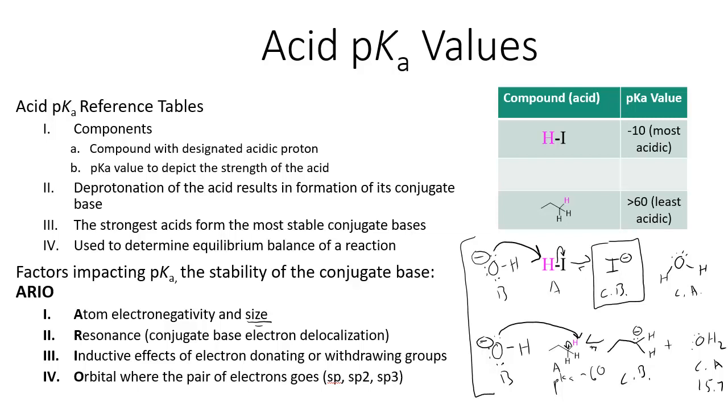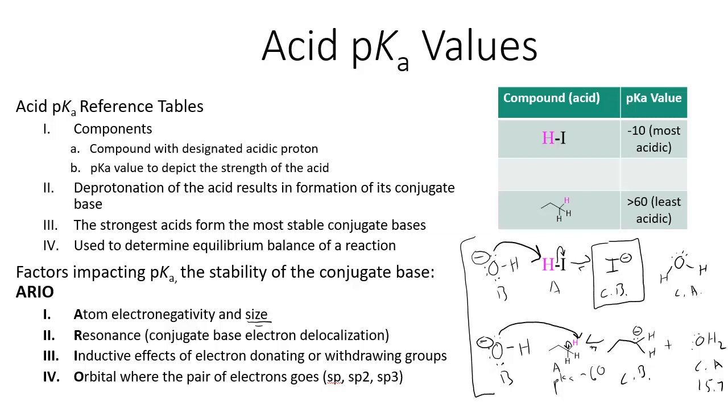So our propane and the conjugate base of that, when we think about the atom electronegativity, that carbon atom is not very electronegative at all. The carbon atom is remarkably small, especially in comparison with an atom like iodide. There is zero resonance potential on this, so this lone pair of electrons has nowhere to move on this compound. There are no inductive effects.